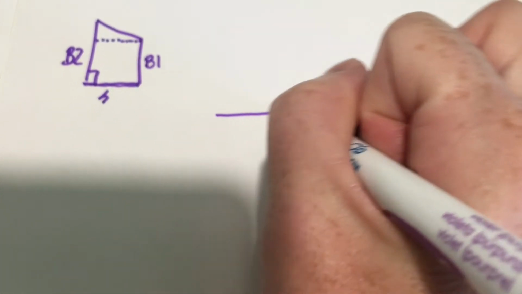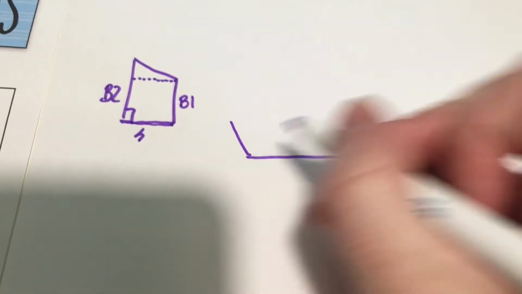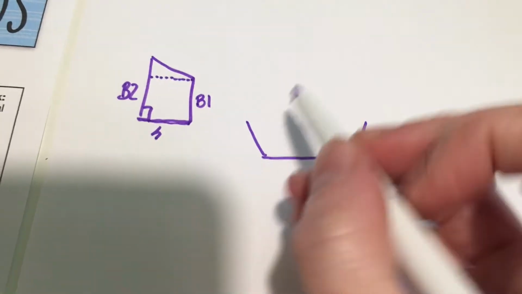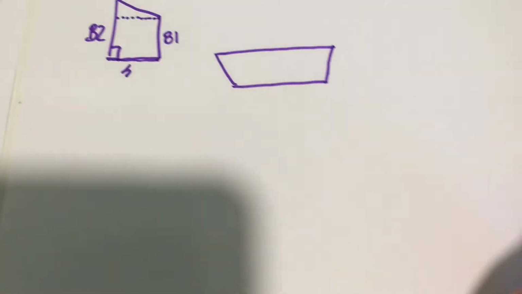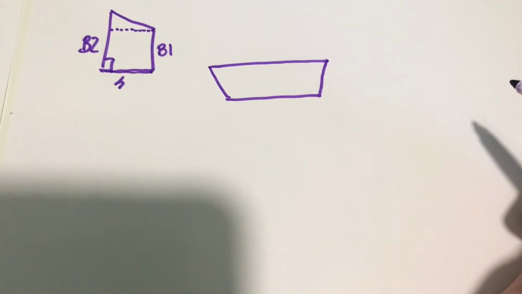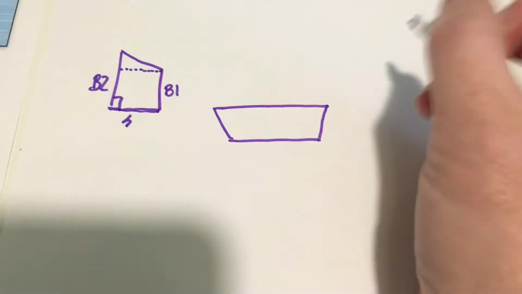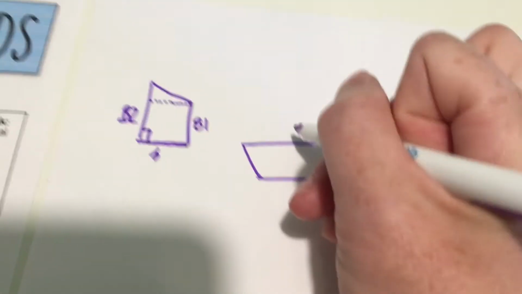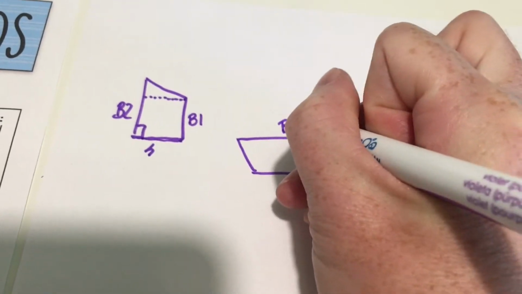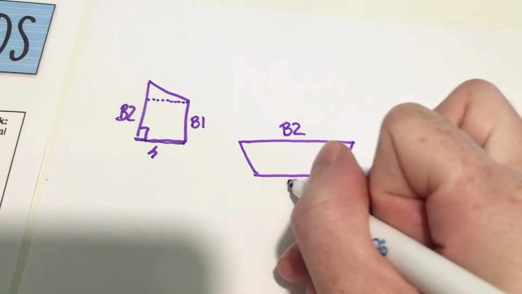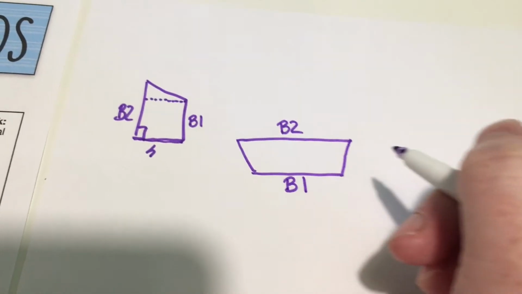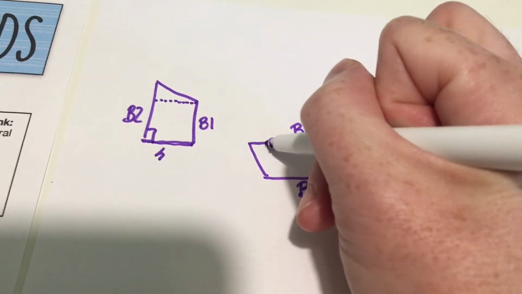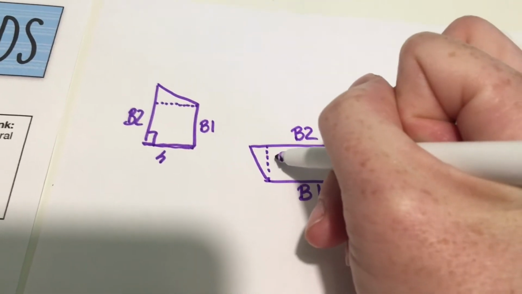We'll draw a different trapezoid now. Now the short side is on the bottom and the long side is on the top. So the top is going to be base 2. The bottom is base 1. And then we know the height comes from here to the corner, and that is the height.